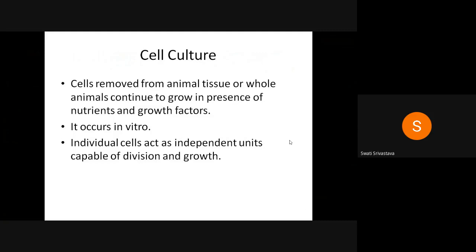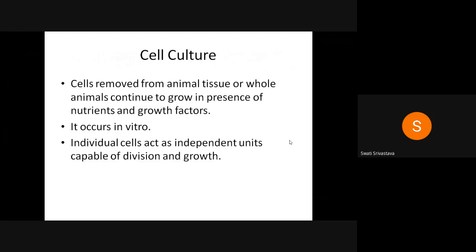Now, earlier it was mostly considered as a tissue culture technique. But now, when we talk of tissue culture technique, the word cell culture has become a synonym to it. Tissues were being cultured, but if you try to maintain the tissue for a longer duration, tissue is a combination of different kinds of cells, maybe of same origin but different kinds of cells.